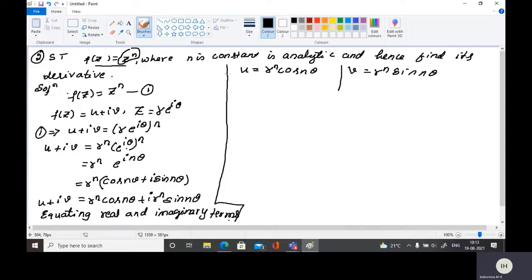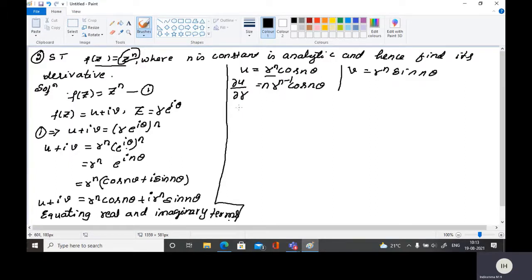Since it is in polar form, we have to find out 4 partial derivatives. That is dou u by dou r: differentiate u partially with respect to r, keeping in mind theta constant. So cos n theta is constant. Differentiation of r power n with respect to r is n r to the power of n minus 1.